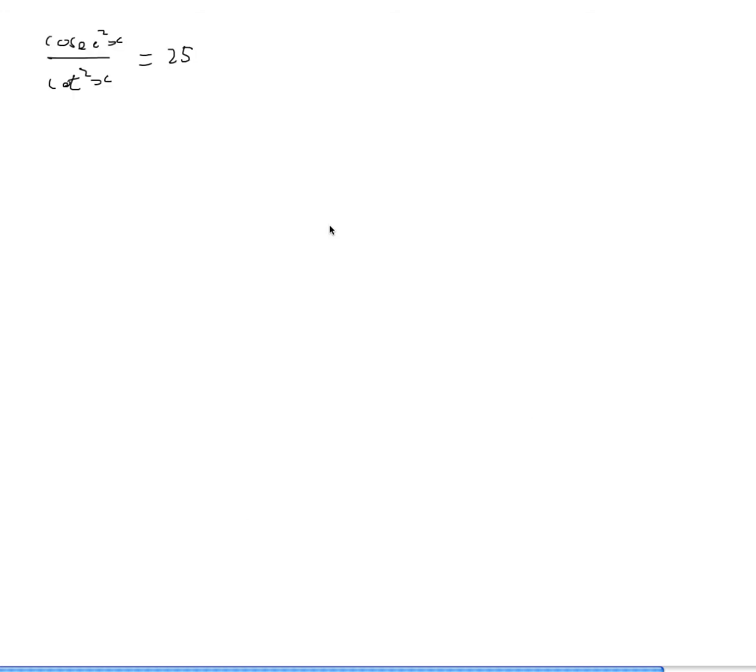Now then, cosec squared x is 1 over sine squared x, times 1 over cot squared x, equals 25.